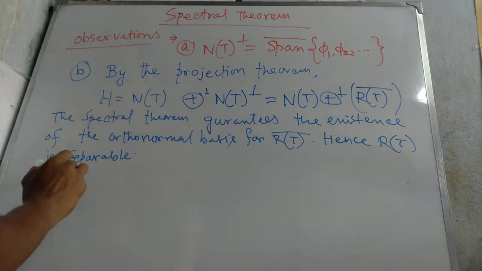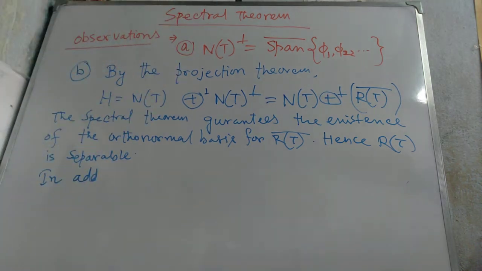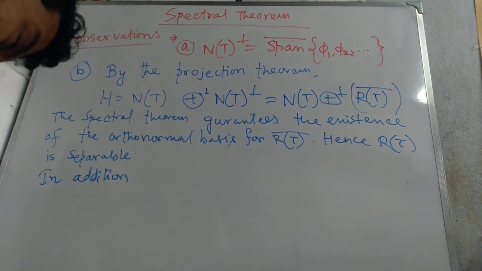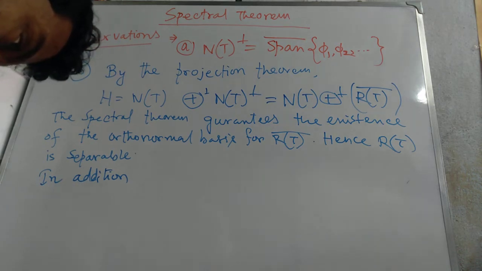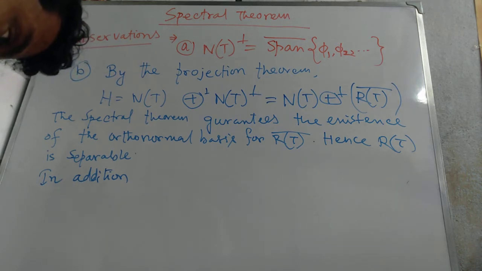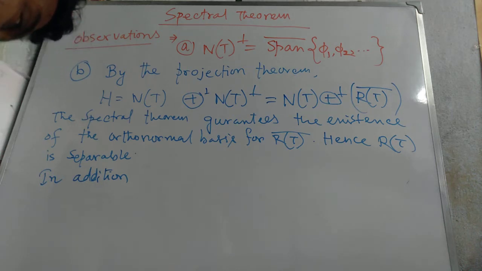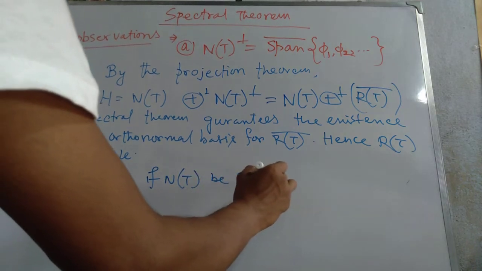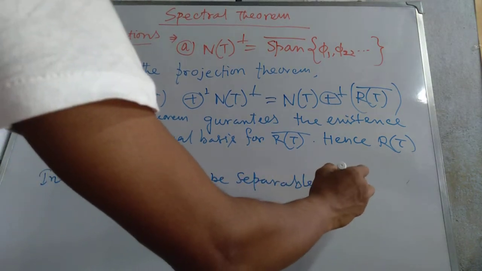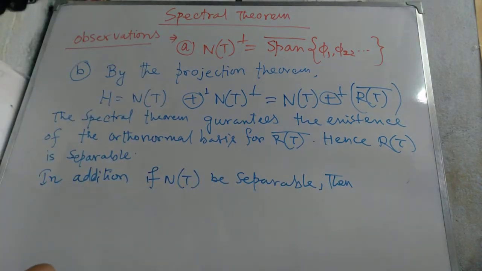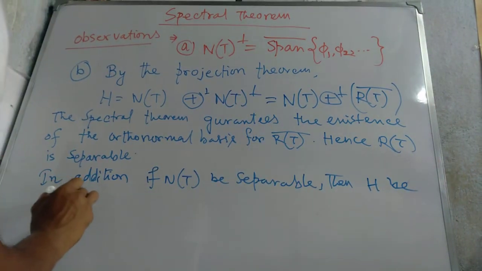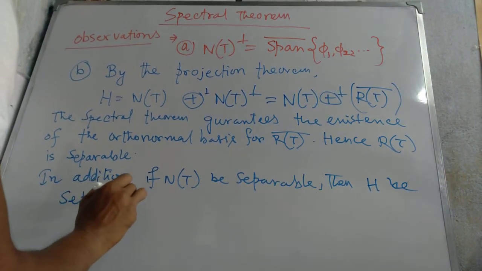In addition, R(T) being separable means R(T) has a countable dense subset. In addition, if N(T) is separable, then what happens? H is separable.